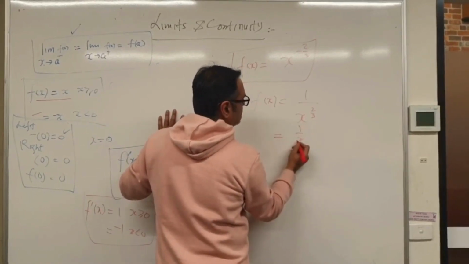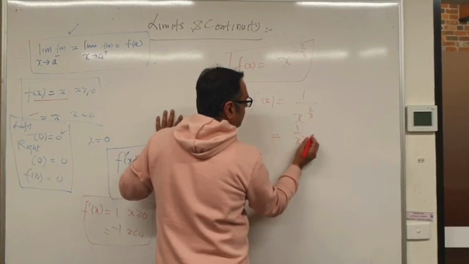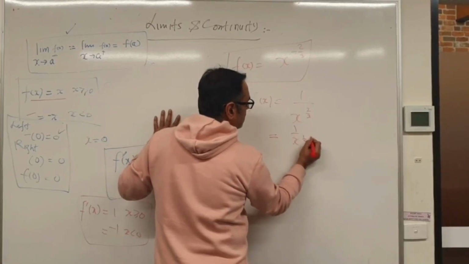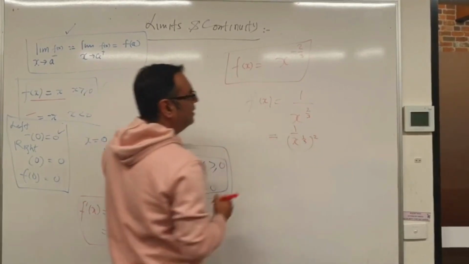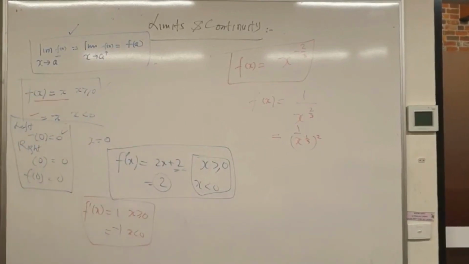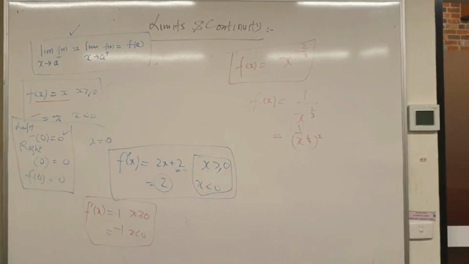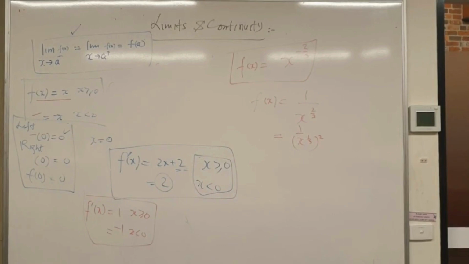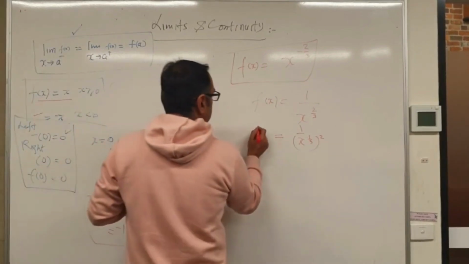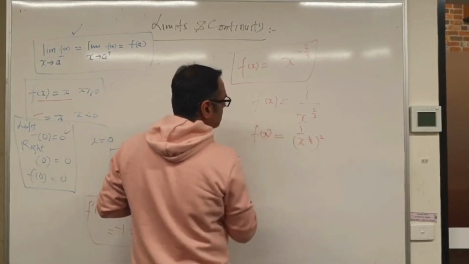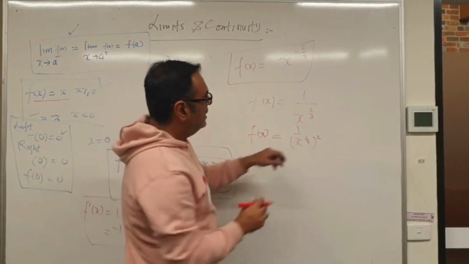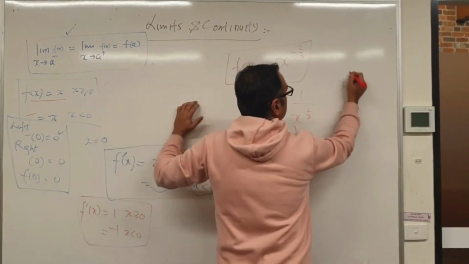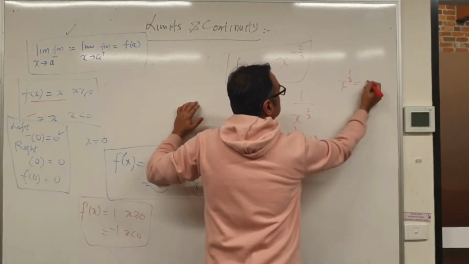1 over x to the power 1 by 3, squared. Let's say 1 over x to the power 1 by 3 is u.